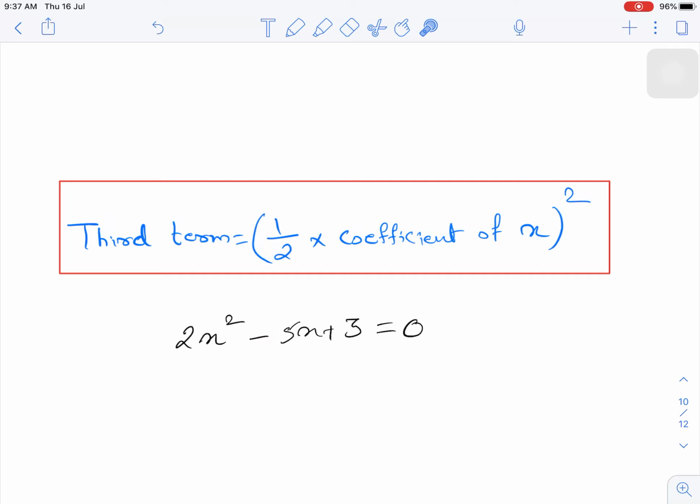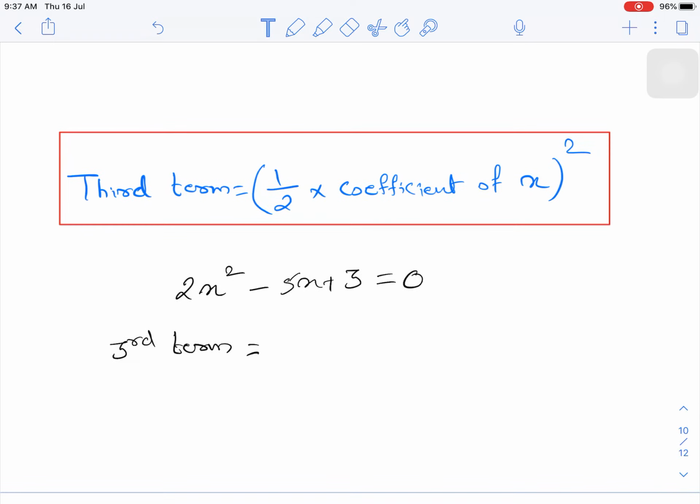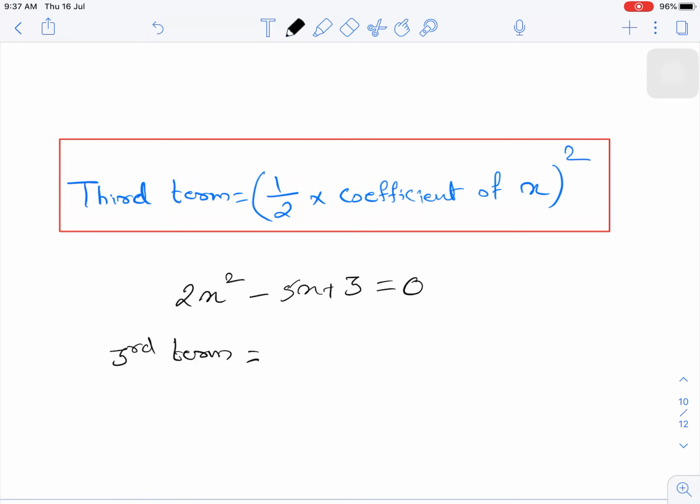So the third term will be equal to half into the coefficient of x. What is the coefficient of x? That is minus 5. So minus 5, then bracket square.